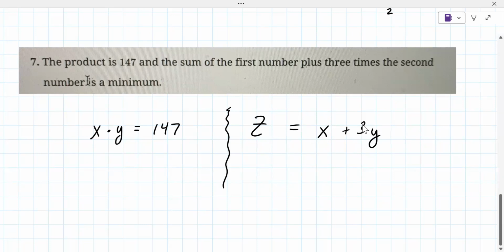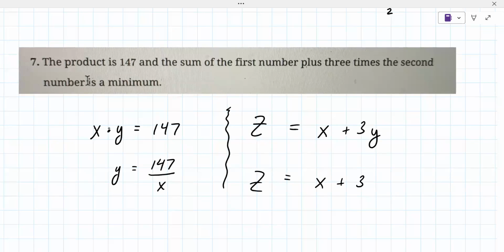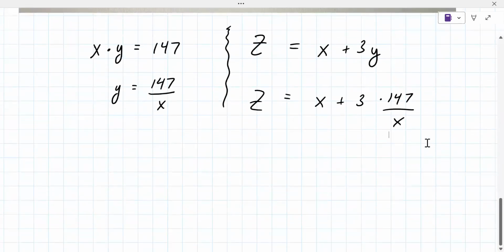So you need to make this in terms of one variable, which means you have to solve this other equation for X or Y. Typically you solve it for Y. So Y equals 147 divided by X. Z equals X plus 3 times 147 divided by X, and this is what you're going to take the derivative of. So it's X plus 3 times 147, which is 441, over X.